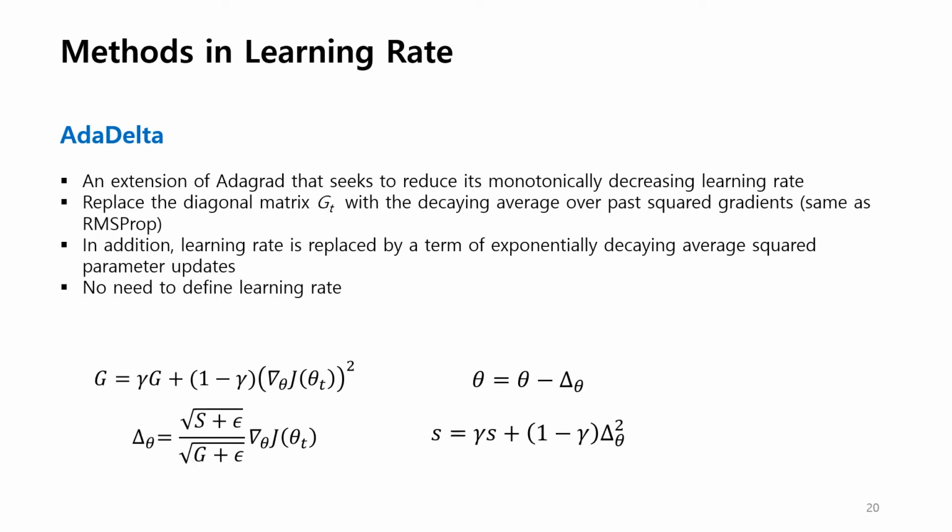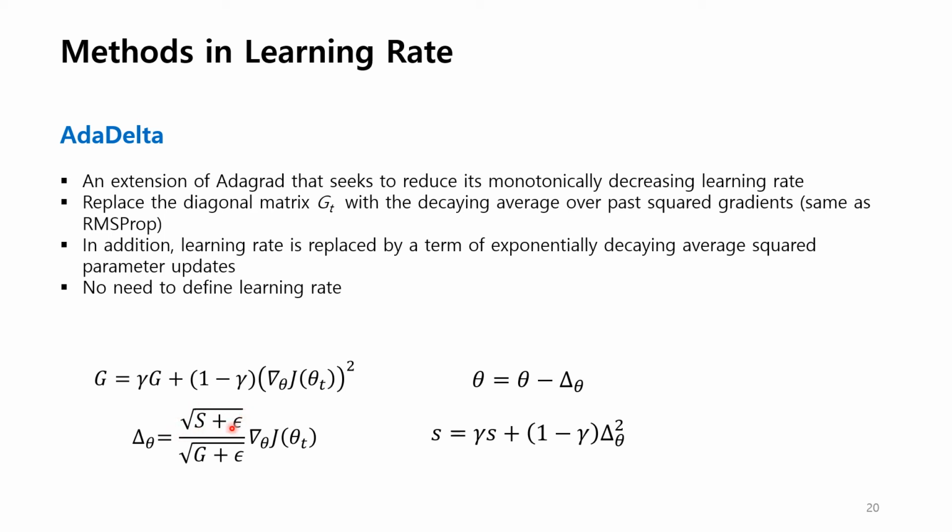The next method is the AdaDelta method, and this is very similar to RMSProp. If you look at this formula here, in RMSProp this part was eta, the constant learning rate.